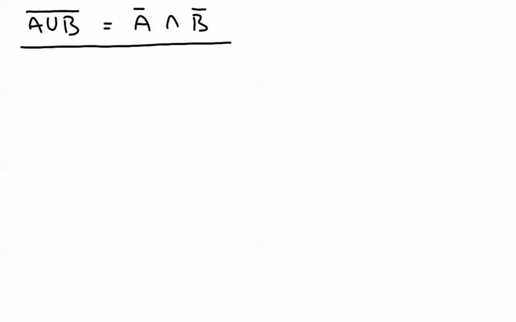Let me write down the first De Morgan's theorem to start with. I'm going to have A union B complement, and I'm going to demonstrate that that equals A complement intersect B complement. That's what we want to demonstrate. So let's demonstrate the left-hand side first.